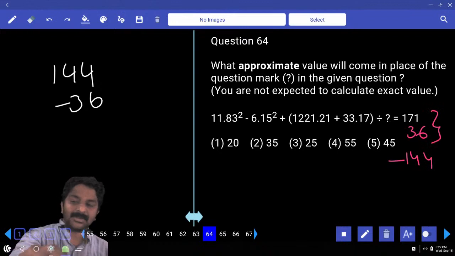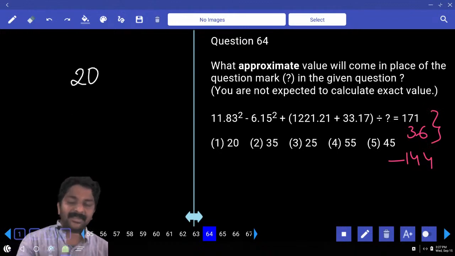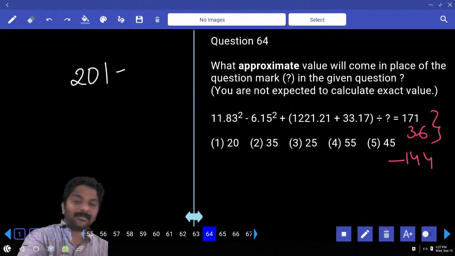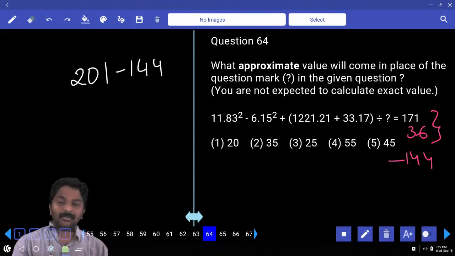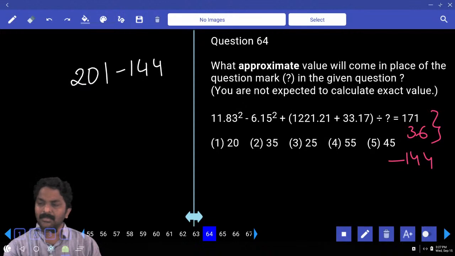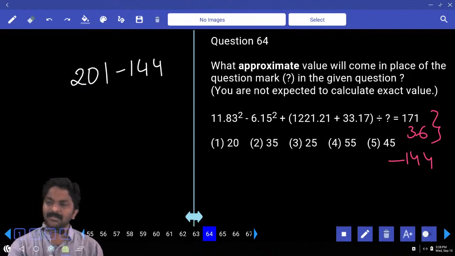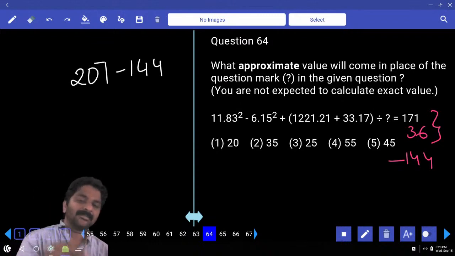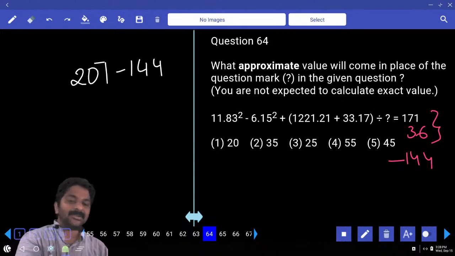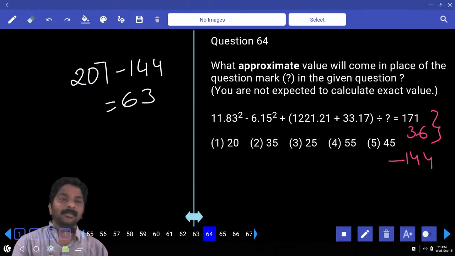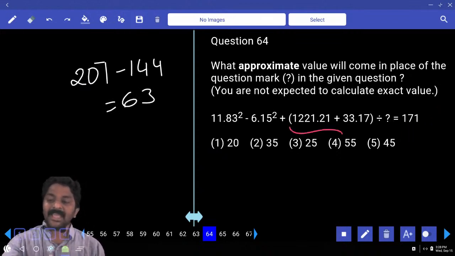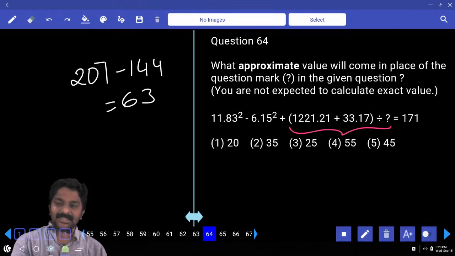Let's add positive numbers. 171 plus 36, 201. From this we have to subtract 12 square. Okay, 207. Okay, that is equal to 63 only. So this entire value is equal to 63.